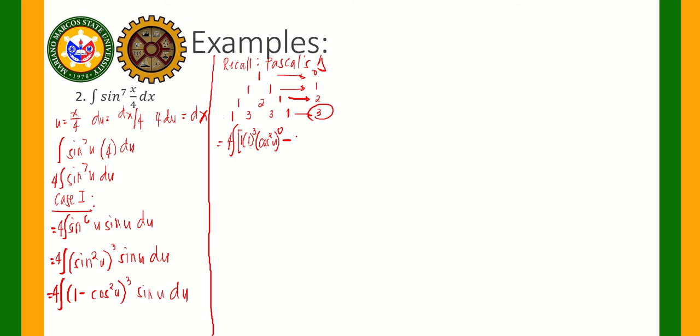And then minus 3 times our first term squared, and our second term raised to 1. And then plus 3 again, the first term 1 raised to 2, times cosine squared u raised to 2. So 0, 1, 2, 3, 2, 1, this is it. 1 raised to 1.